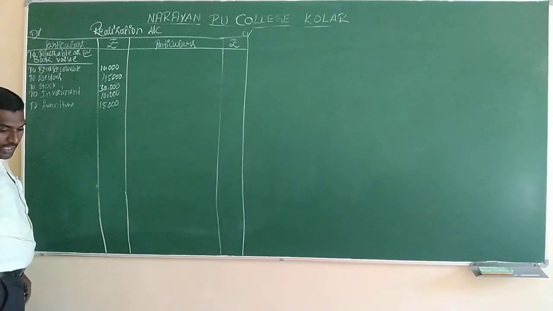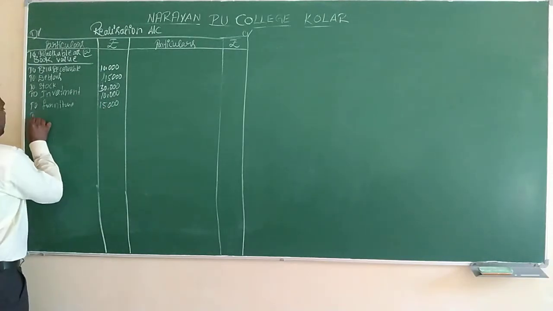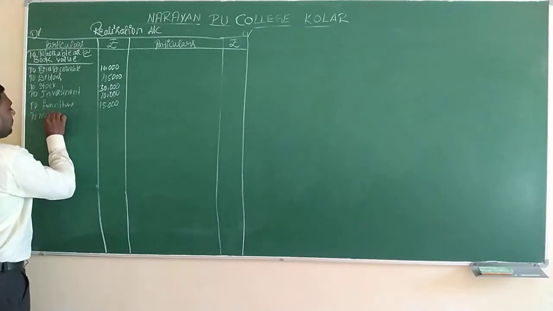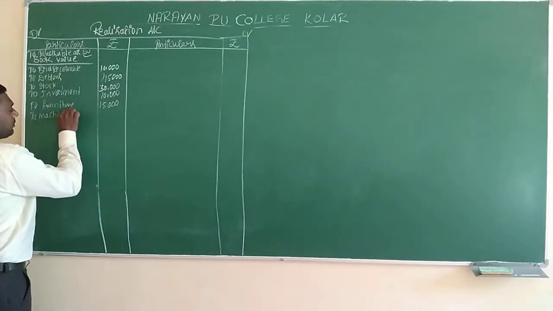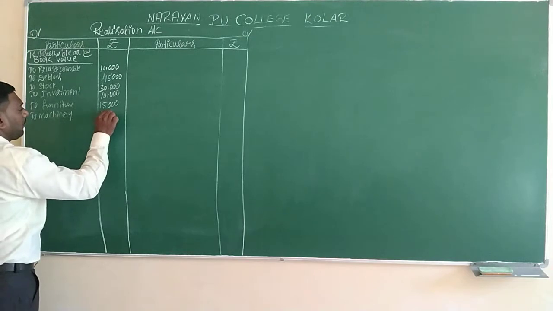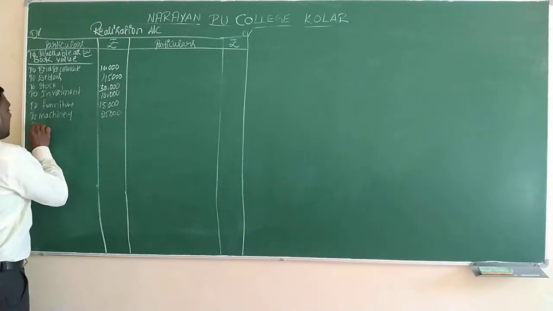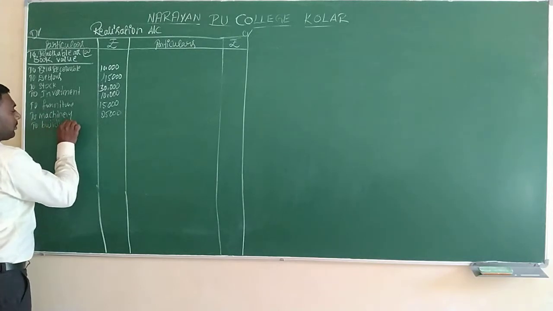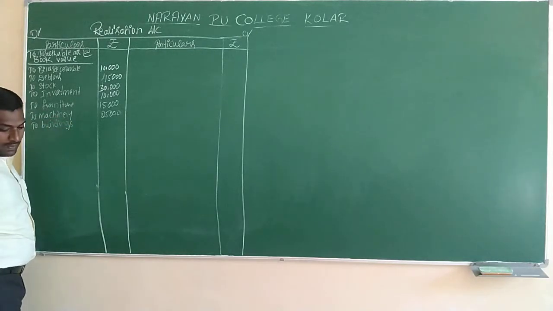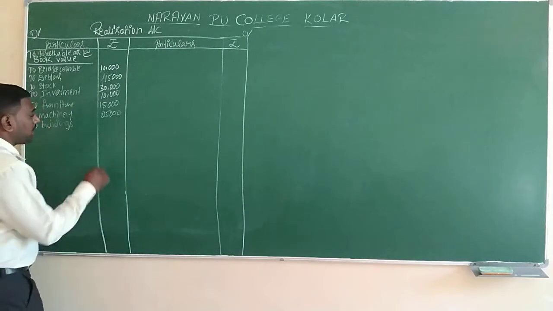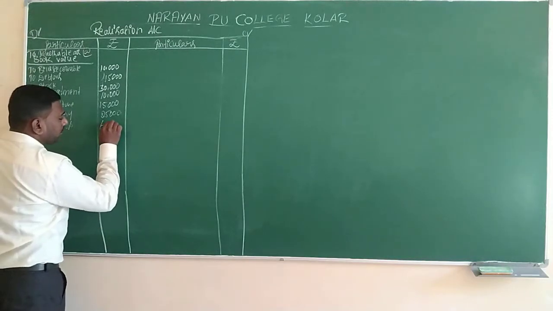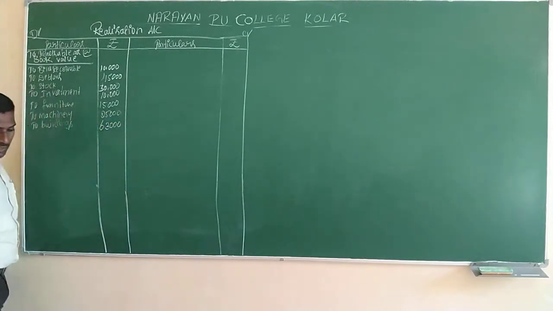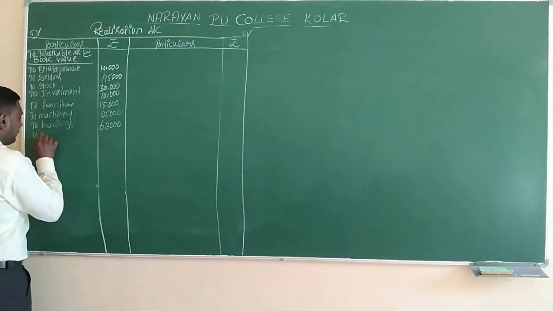To machinery 25,000. To buildings, the value given is 63,000. To motor car 18,000.